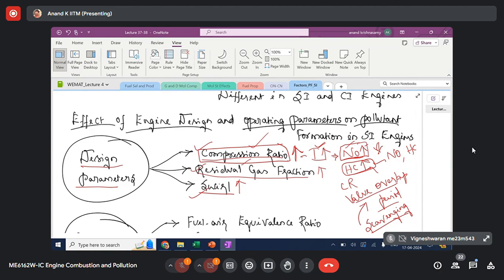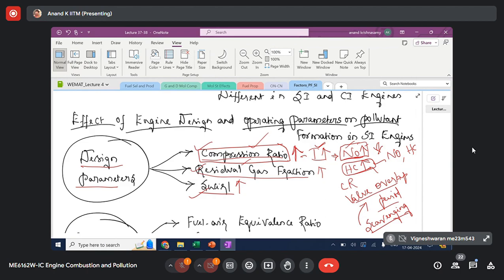Not only that, the higher the compression ratio, the expansion ratio is also high. Expansion ratio is the ratio of the volume at the end of expansion to the start of expansion. That is what I mean by expansion ratio. Because compression ratio is defined based on volume, when you say it is high, the expansion ratio will also be high, since pressure and volume are interrelated.